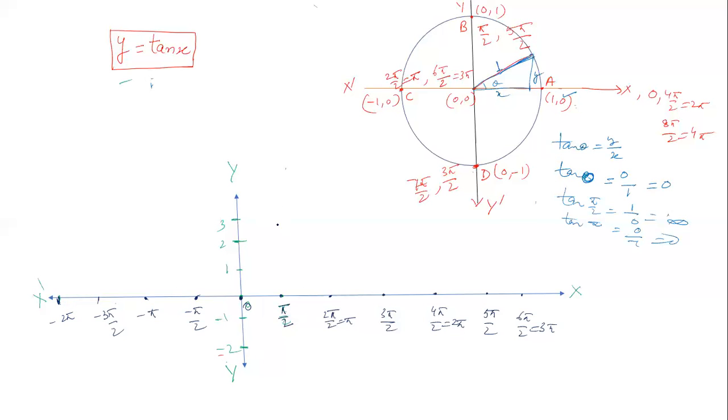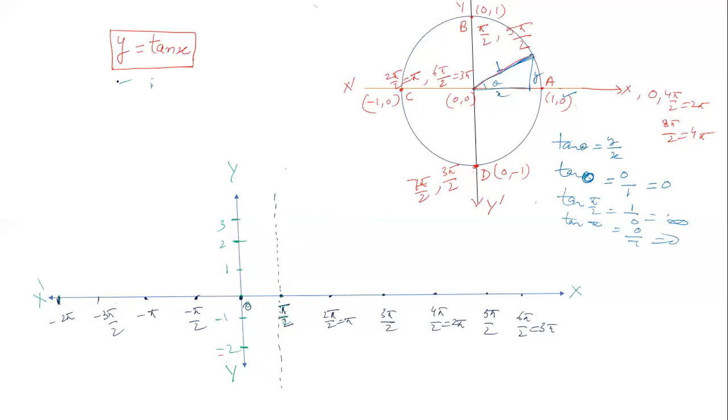Now we can see at pi by 2 it is not defined. We can draw dotted lines at odd multiples of pi by 2. Why?